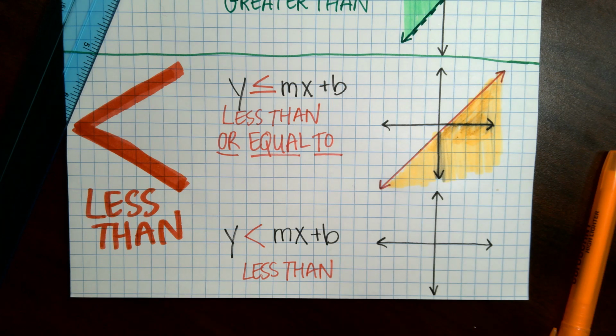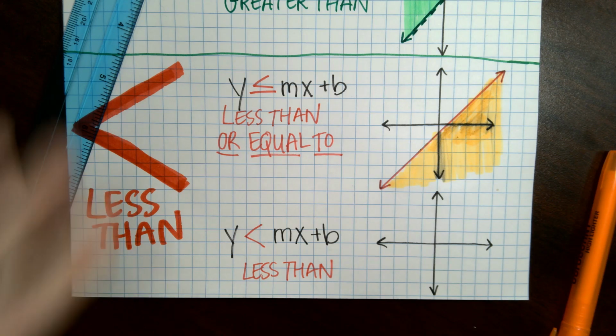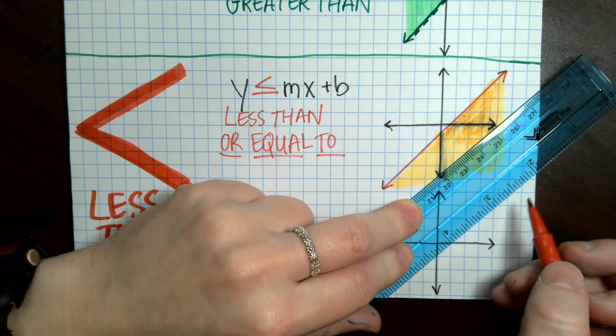And how about for just less than? Y is less than mx plus b. Is our line going to be solid or dotted? Dotted. Good. So I'll have you guys go ahead and finish out that guide.